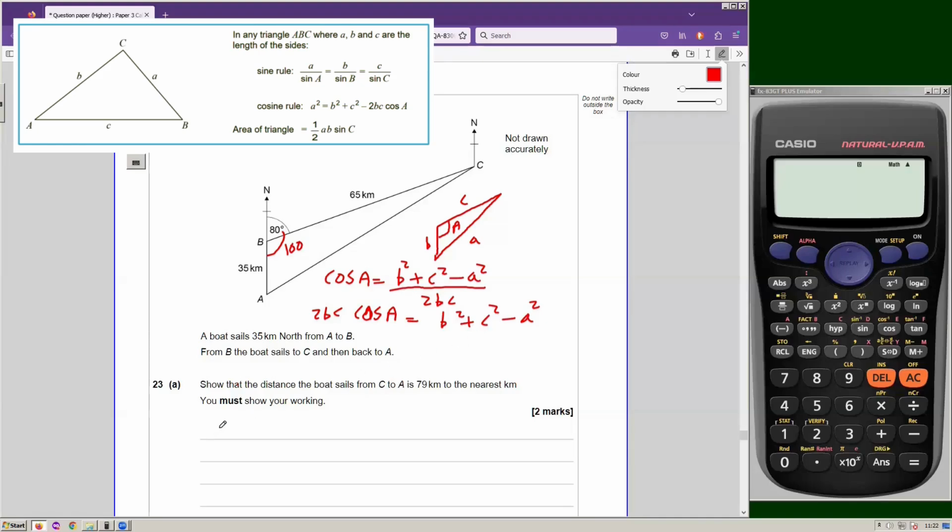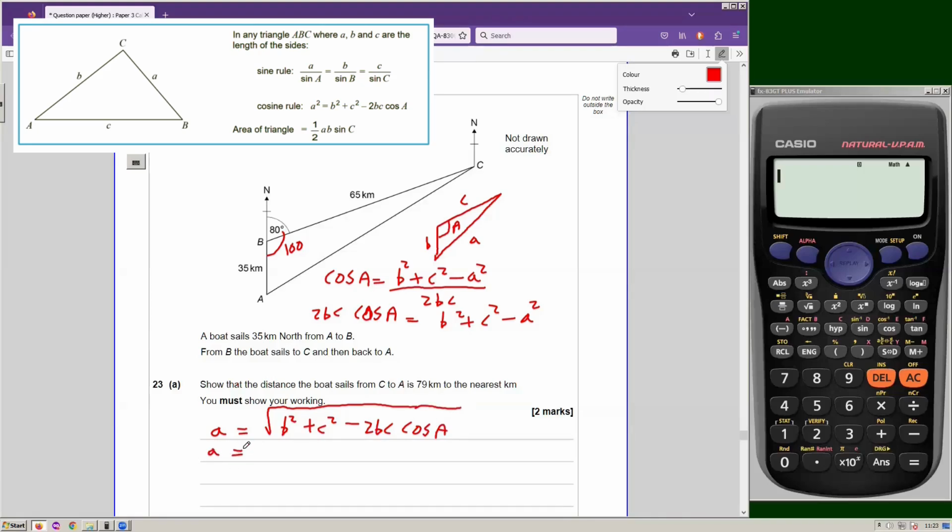So we'll end up with A equals the square root of B squared plus C squared minus 2BC cos A. And I'll put my values in.